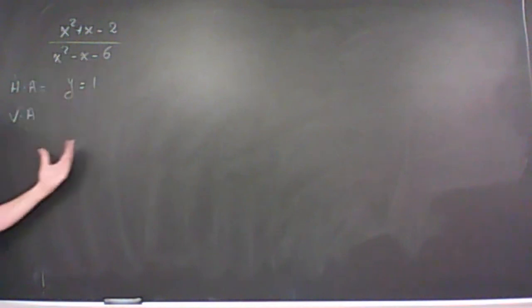So let's take a look at vertical asymptotes. We're going to take the denominator, set it equal to 0, and solve. So the denominator is x squared minus x minus 6 equals 0. We need to factor that.